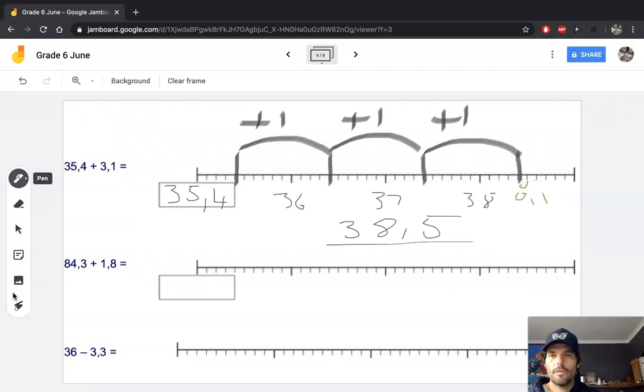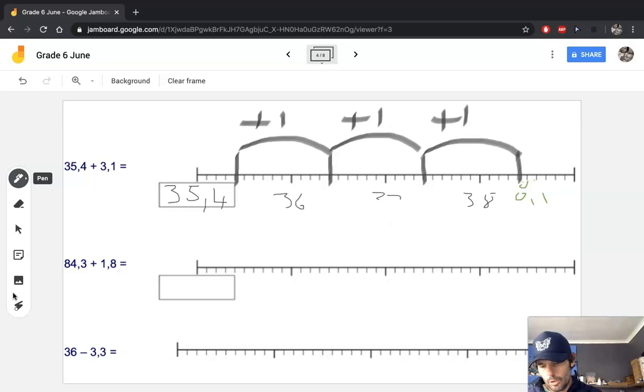So we look for 35,4 on the number line, and then we break 3,1 up into 1 plus 1 plus 1, and you can see that that will take us to 38,4, and then we need to add that additional 0,1, and that will leave us with an answer of 38,5. Okay, so let's have a look at 84,3.